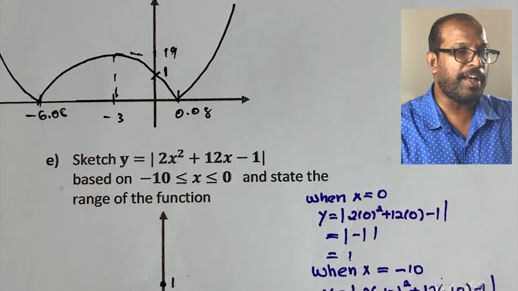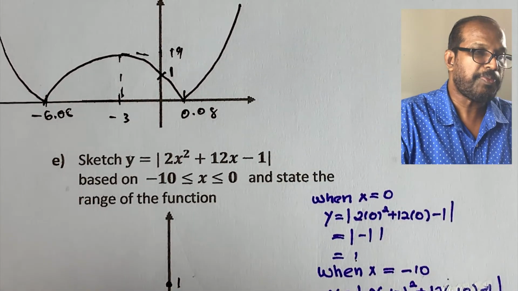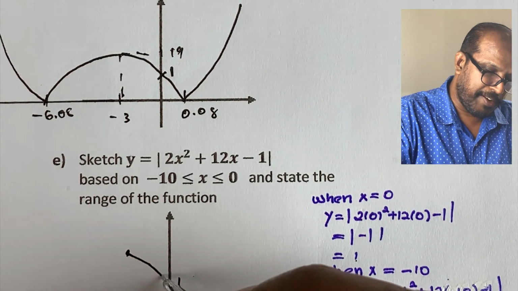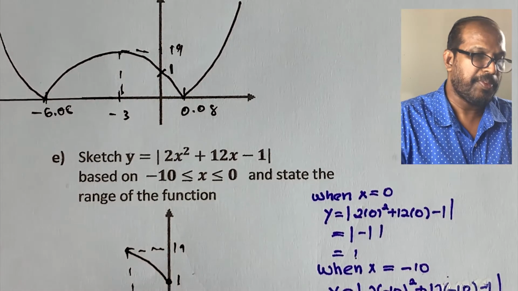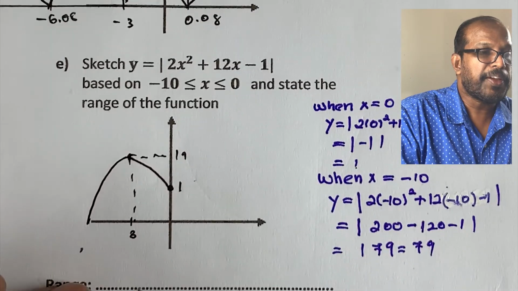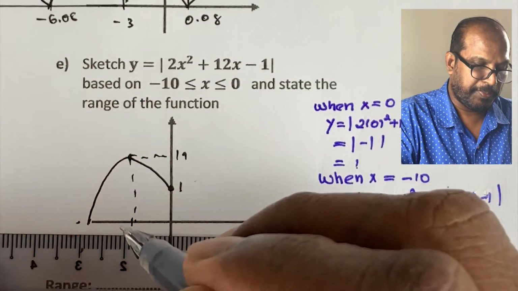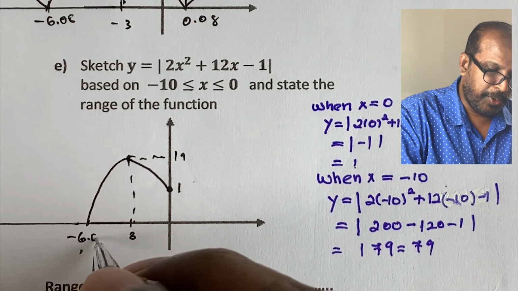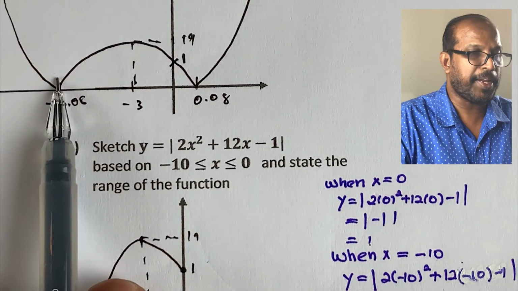Now we need to draw the graph. So this is actually somewhere at negative 3. This is the turning point. This will be 19, so the graph comes like that. And this graph came back to 0 at the point negative 6.08. It came back here.